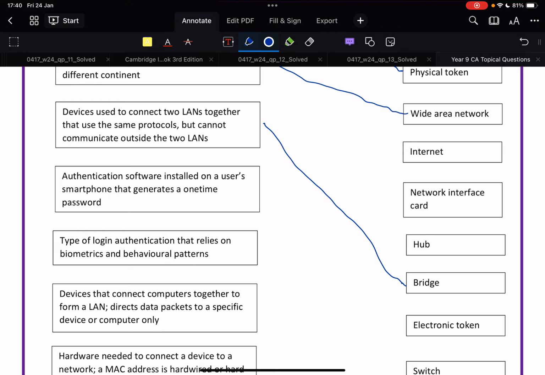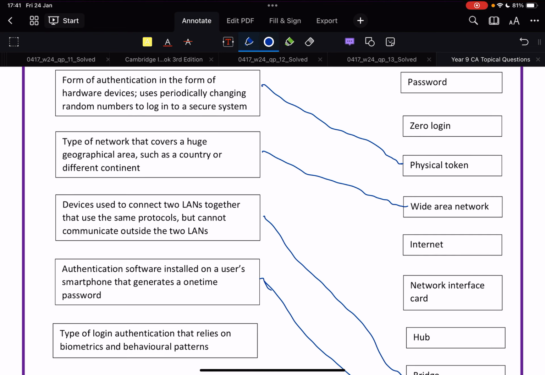Authentication software installed on a user's smartphone that generates a one-time passcode. Software installed on a user's device, that's electronic token. Types of login authentication that relies on biometrics and behavioral pattern.